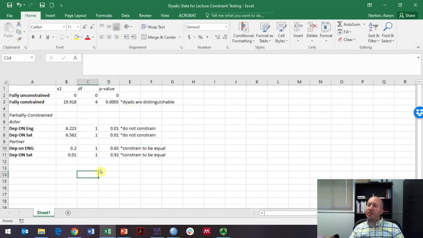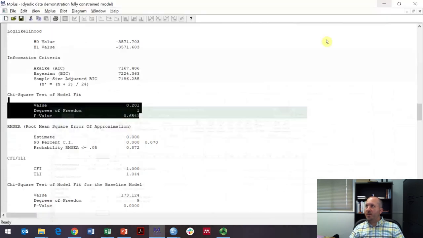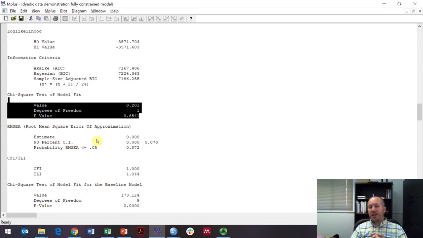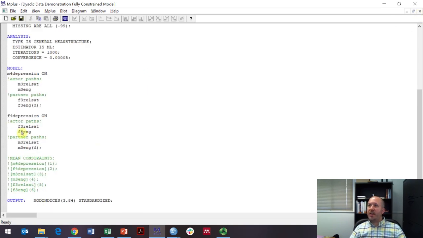Now, because I did all of these separately, I still need to test whether I can have both of these constrained at the same time to be equal to each other. Because I've done these sets of constraints in a series, not all at once, my error has been compounded. So before I go ahead and say, yep, that's my final model, these two are constrained to be equal, I want to make sure I have both of them constrained to be equal.